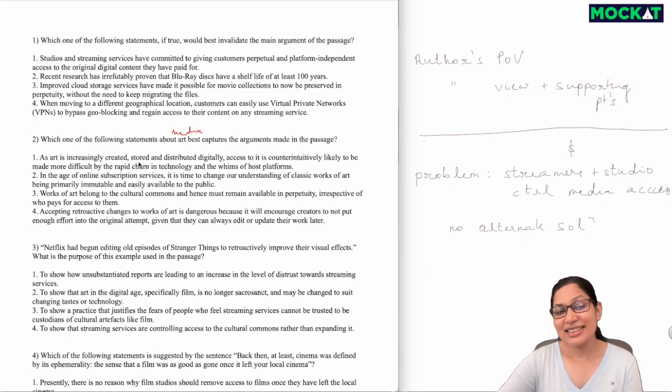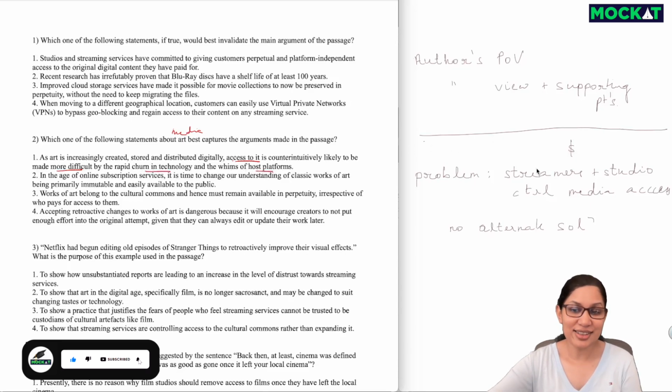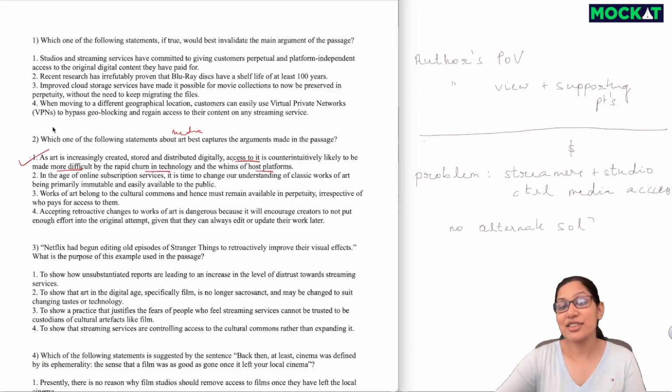As art is increasingly created, stored and distributed digitally, access to it is counterintuitively, or illogically, likely to be made more difficult. Why? Because of two reasons. One is the churn or change in technology, and the second is the host platforms, which are nothing but the streaming services. So this is a right answer because it captures the author's view very well.